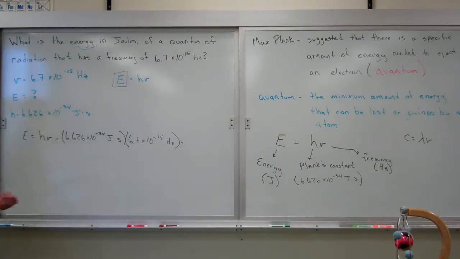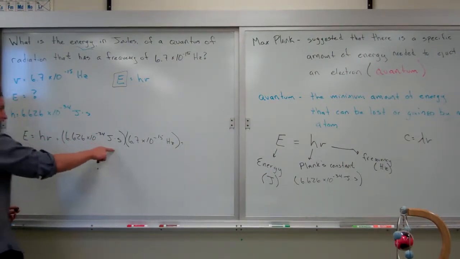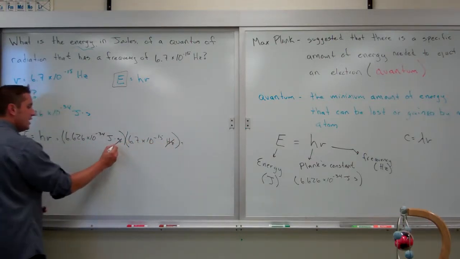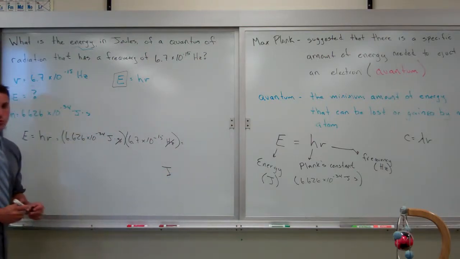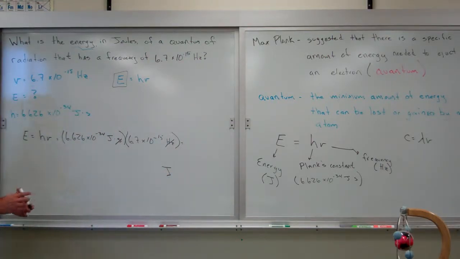Remember, hertz is the same as 1 over seconds, so seconds and 1 over seconds can cancel, which would leave my answer in joules. From here out, it's a math problem.